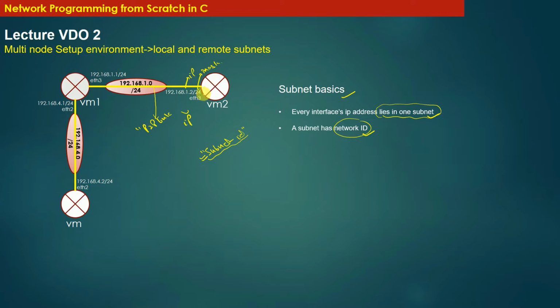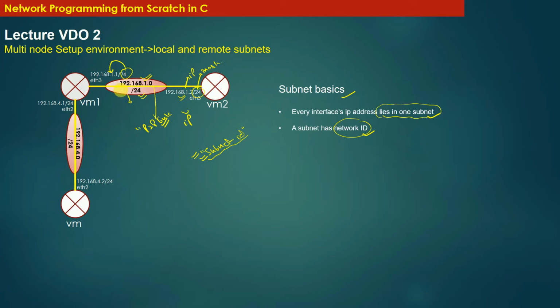When you apply the mask value /24 on the IP address 192.168.1.2, we get 192.168.1.0/24. Similarly, if you apply this subnet mask on the IP address at the other end, you will get the same subnet ID. Ends of a point-to-point link always form one subnet.